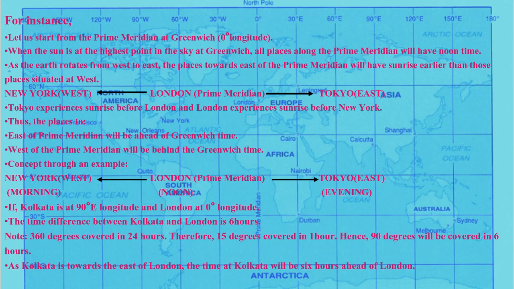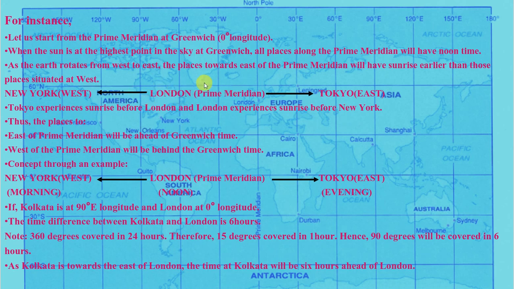As the earth rotates from west to east, the places towards the east of the prime meridian will have sunrise earlier than those places situated at the west. So as you can see here, Tokyo experiences sunrise before London, and London experiences sunrise before New York.